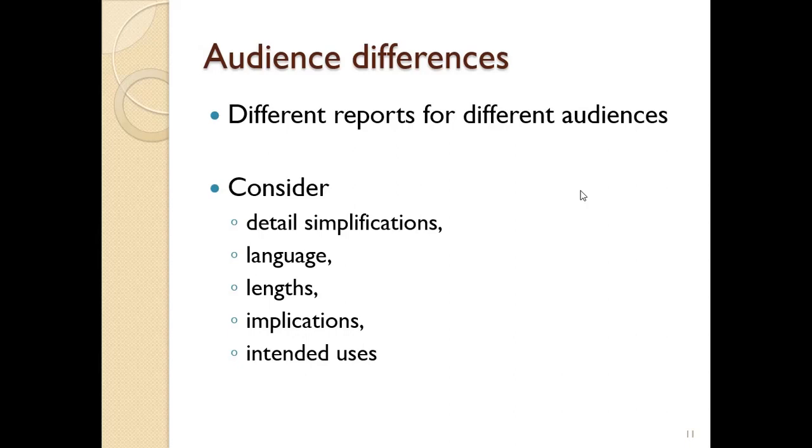For instance, if you're targeting information to maybe the local readers, then you might need also to translate the information into local language. The length matters. Remember, the longer it is to read, the less chances of being used or of all the recommendations to be taken up. Consider implications in terms of audience. Ethical implications also matter. Okay, for instance, you do not want to communicate certain information that certain audience is not supposed to know. Okay, and then the intended uses are important.